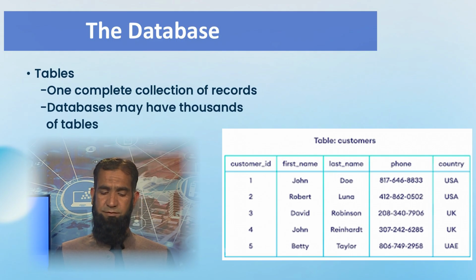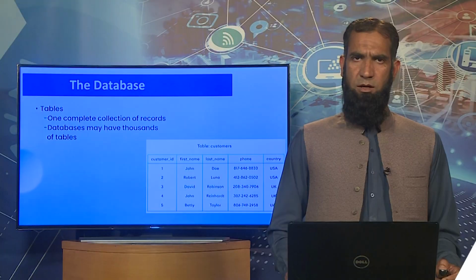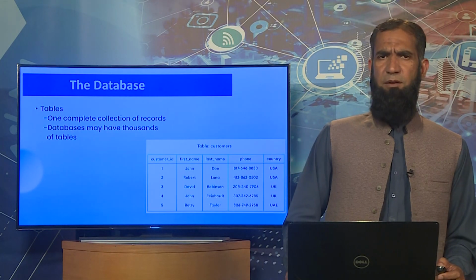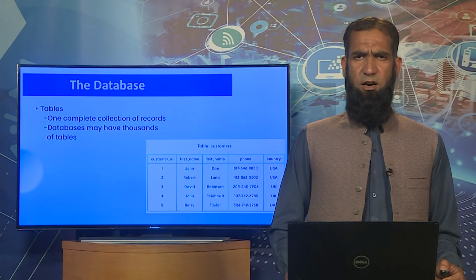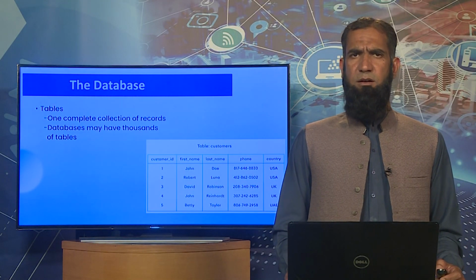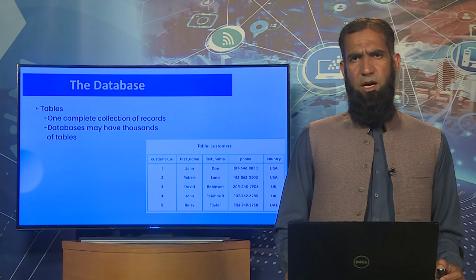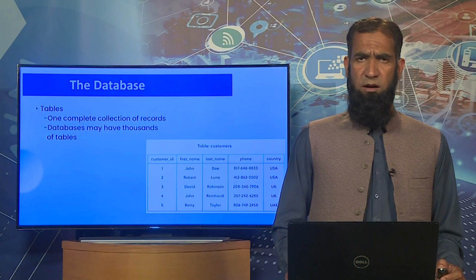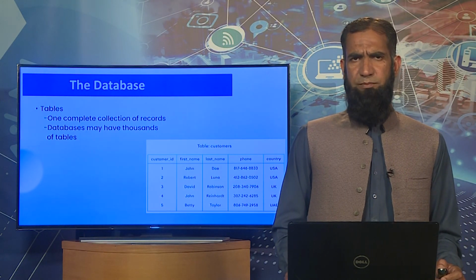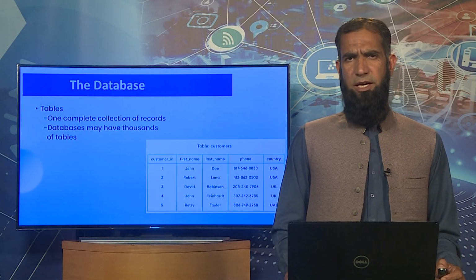It contains the fields customer ID, first name, last name, phone number and country. A student table can have students, courses, teachers records. A single database can have thousands of tables, each managing a different type of data, but all connected when needed. Tables keep your data organized, searchable and easy to manage, making them one of the most essential components of a database.